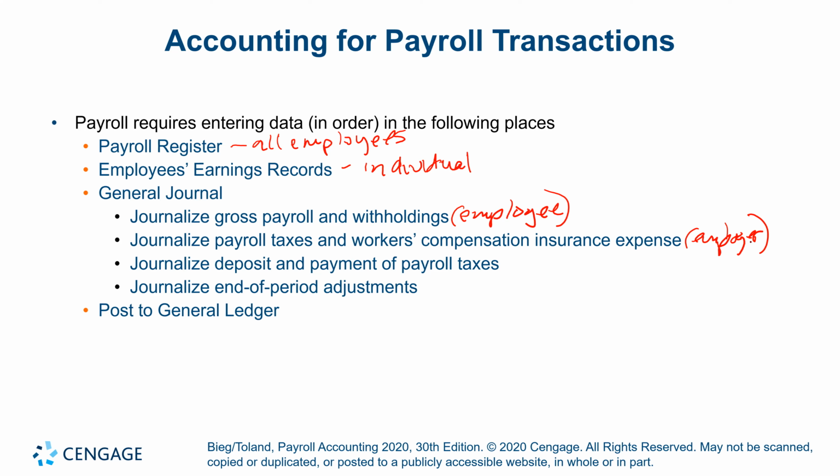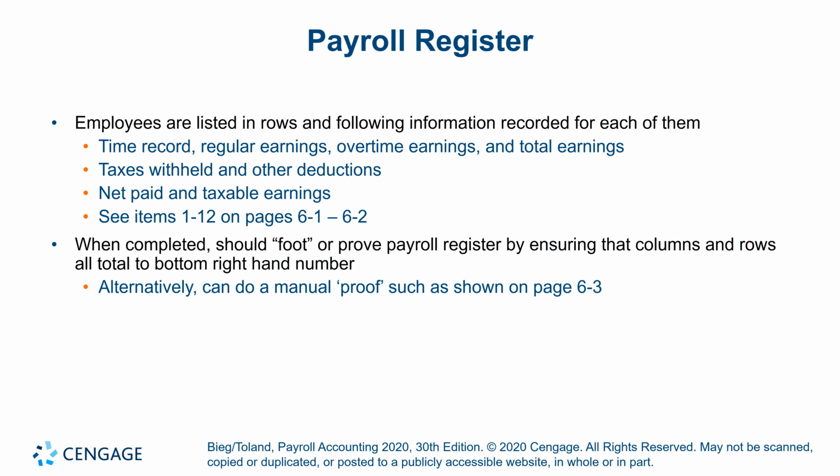This is where the last day of the year does not fall exactly on payday, so we have to accrue some wages. We do a debit to wage expense and a credit to wages payable. And then, of course, all of our entries get posted to the ledger accounts.